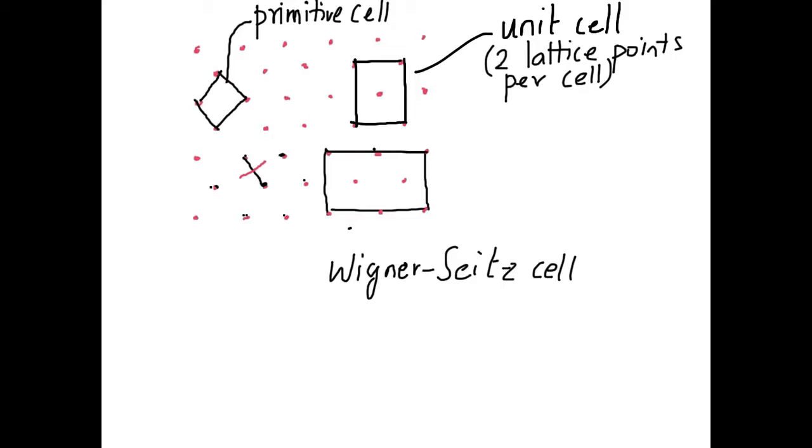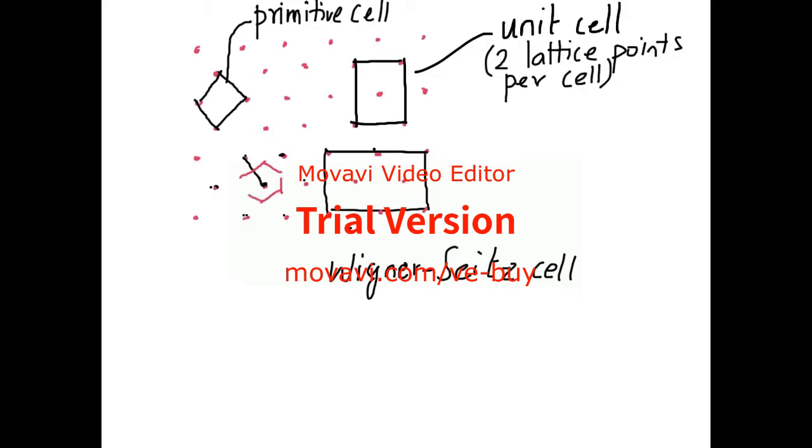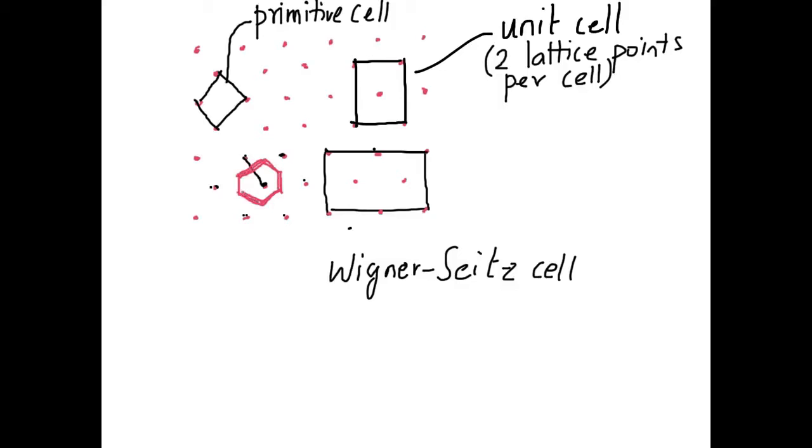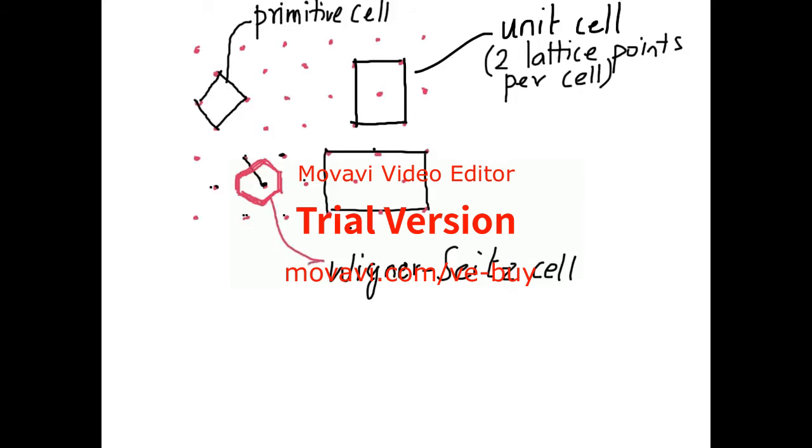And when you do that, you get this nice looking hexagon for this particular lattice. So this hexagon is essentially the Wigner-Seitz cell for this chosen two-dimensional lattice. So this is our Wigner-Seitz cell.